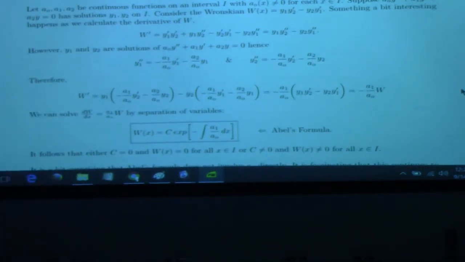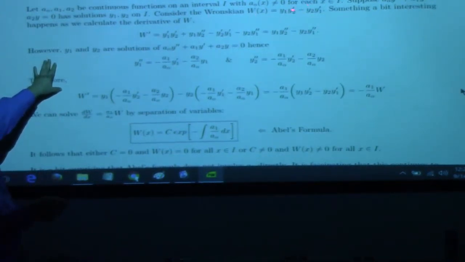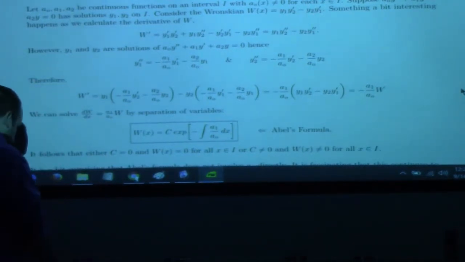Now, I'm no longer even assuming that a0, a1, and a2 are constants. They could be functions in this discussion. a1, a0, a2, they do not have to be constants in this theorem. So, you can calculate the Wronskian of y1 and y2. It's y1 y2 prime minus y2 y1 prime.